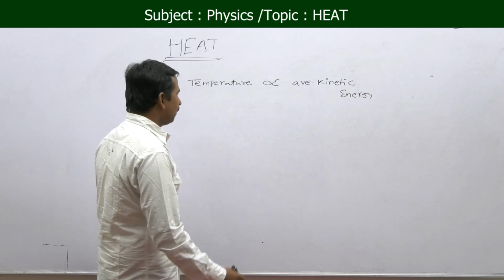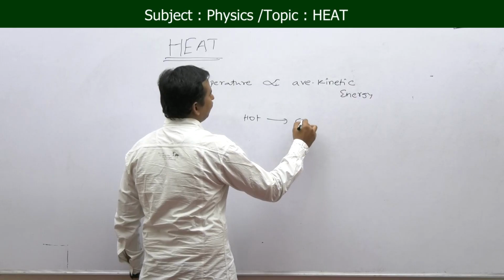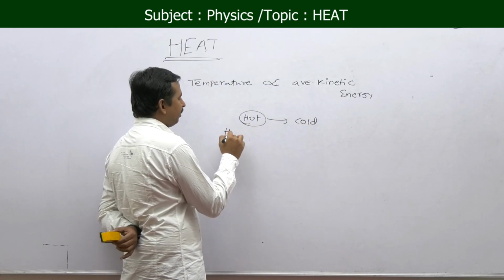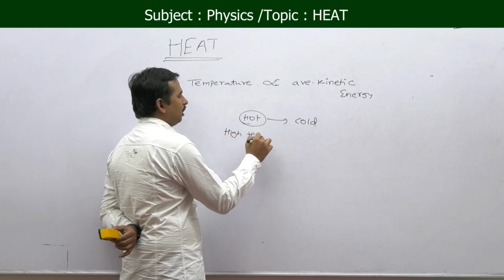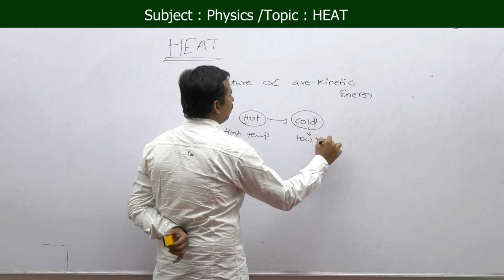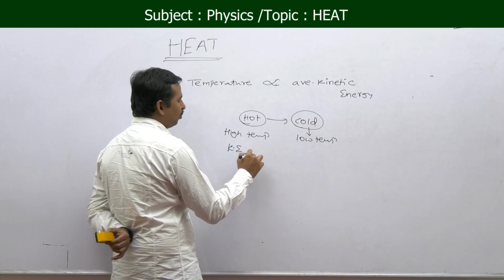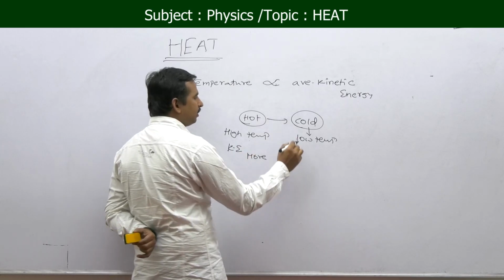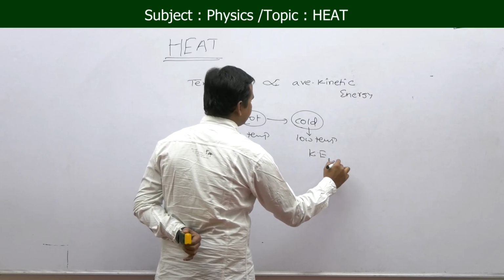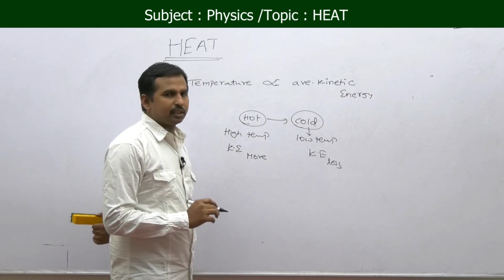So whenever you connect a hot body to a cold body, and both are in contact, hot body means high temperature and cold body means low temperature. A high temperature body has more kinetic energy, and a low temperature body has less kinetic energy.